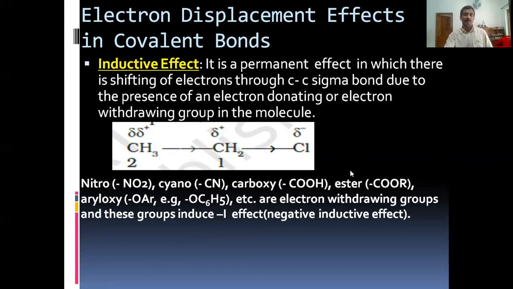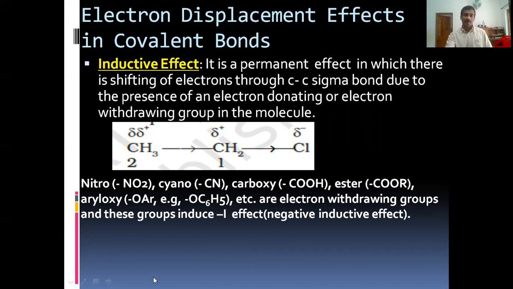That is inductive effect. There are two types of inductive effects, plus I effect and minus I effect. Nitro NO2, cyano CN, carboxy COOH, ester COOR, aryloxy OAr, and C6H5 are electron withdrawing groups, and these groups induce minus I effect, negative inductive effect.